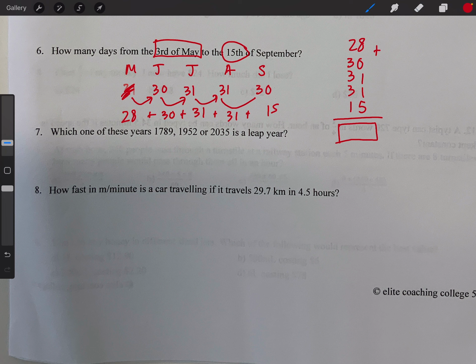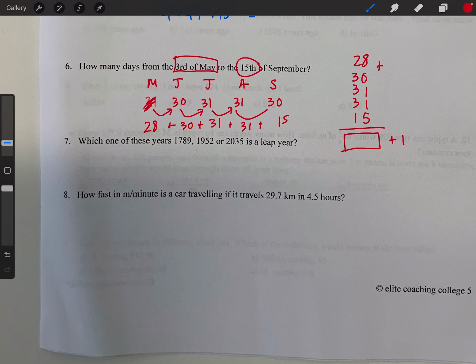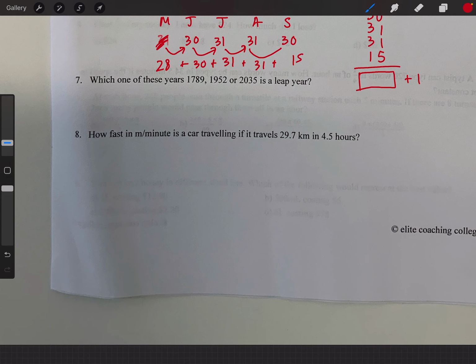Now, one more thing you have to do after you add all these numbers up: you have to add 1. Because when you're asked how many days from here to here, you also have to include the 3rd of May, the very beginning. What I mean by that is this. Let's say from May the 3rd to May the 7th, how many days is that?